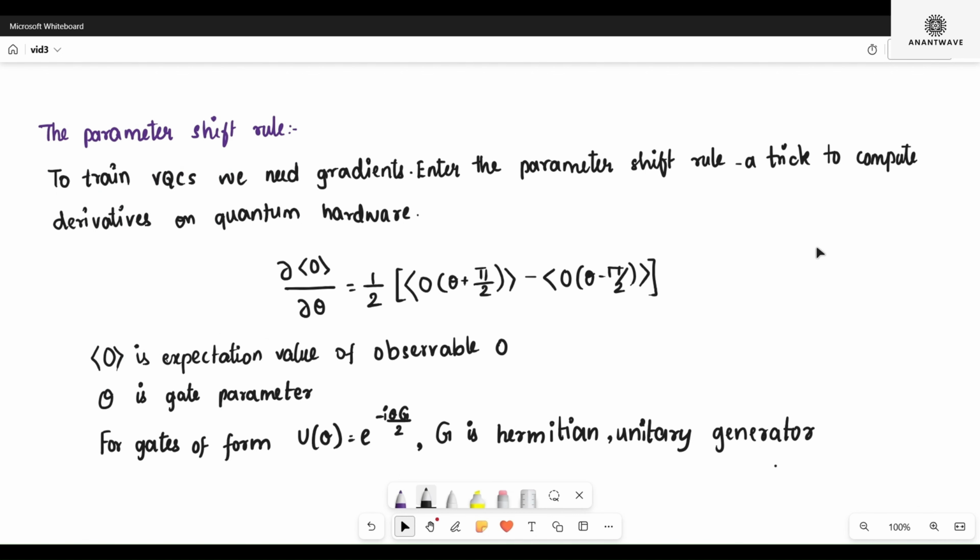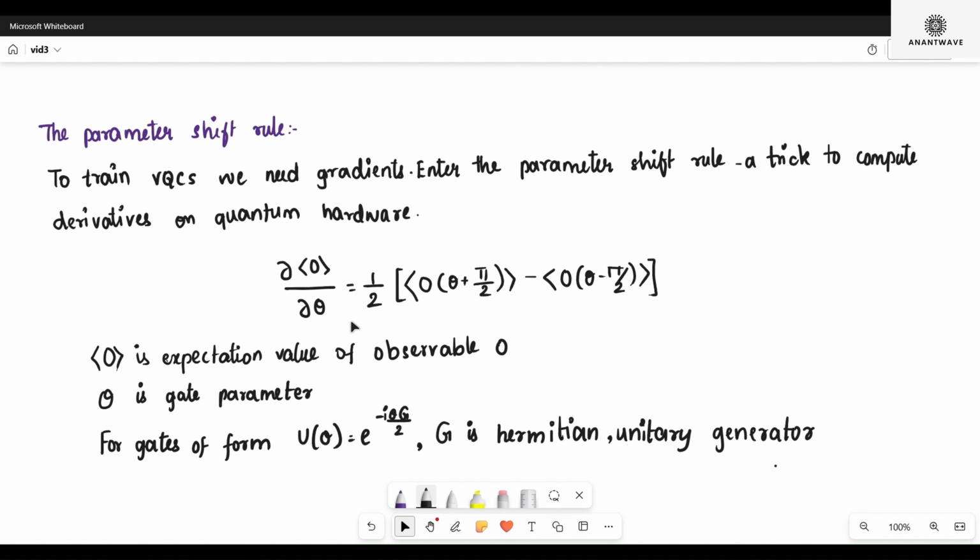To train a variational quantum circuit, we need to optimize its parameters, just like in classical machine learning. But here's the catch. We can't use traditional backpropagation inside a quantum computer. Instead, we use a special trick called the parameter shift rule. Let's say we want to compute the gradient of the cost function with respect to a gate parameter.